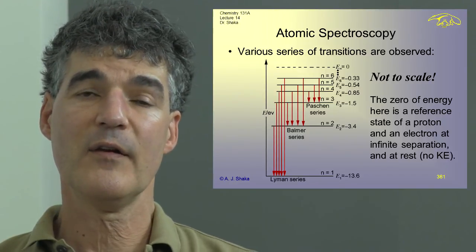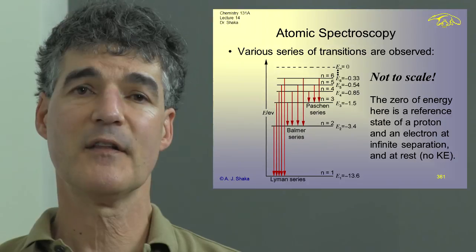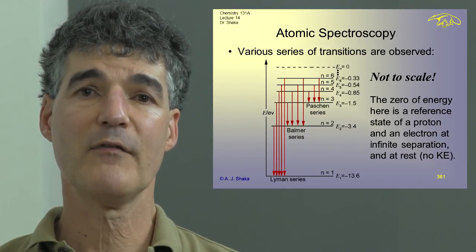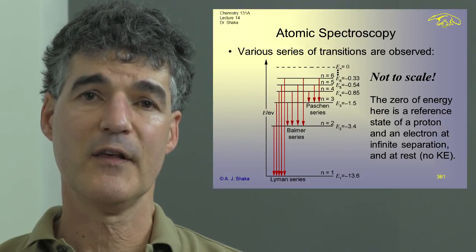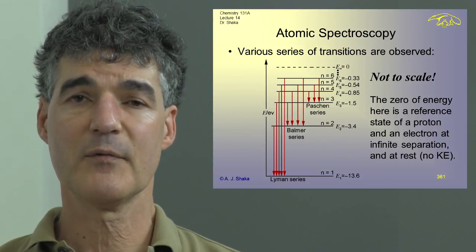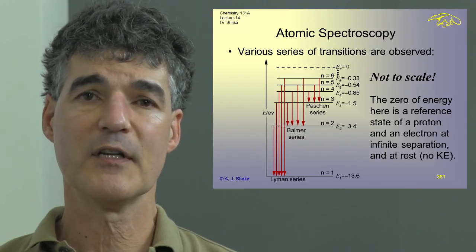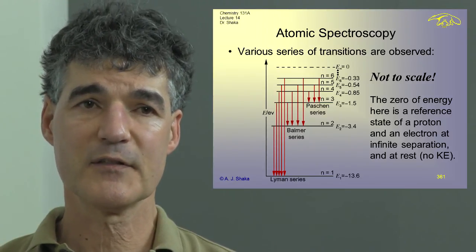The only thing that has to be satisfied is that there has to be conservation of energy, and that's taken care of automatically because the photon is emitted with a quantum h nu, which is exactly equal to the energy loss of the atom, so energy is conserved.